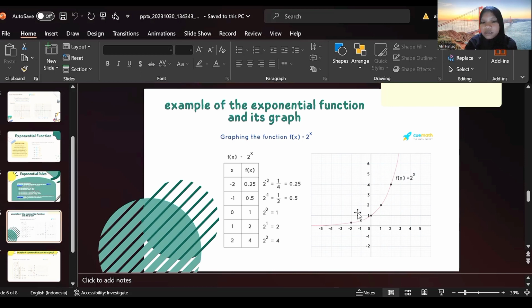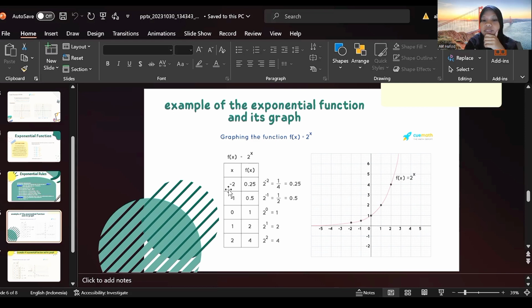This is also the same way as in the previous slide. We just have to put the values of x into the function. So the function is y equals 2 to the power x.